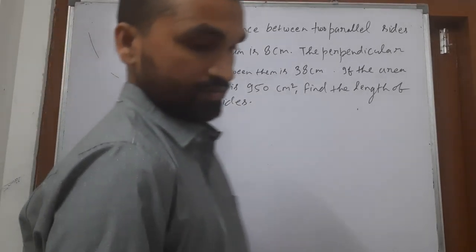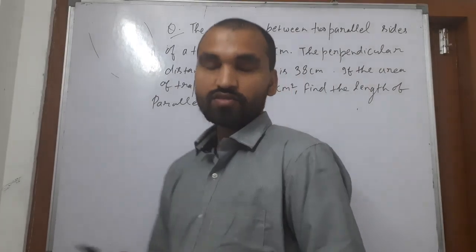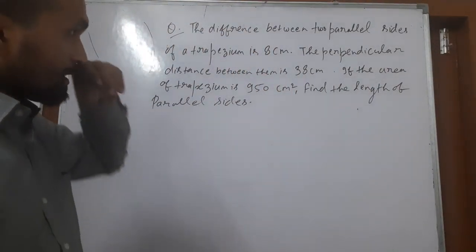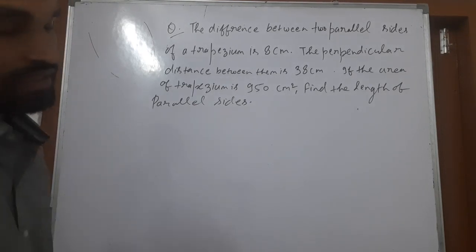Okay students, now first off we should understand the question, and after that we should start to solve. In this question, the difference between two parallel sides of a trapezium is 8 cm.